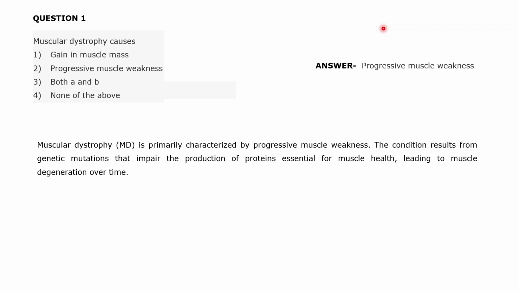That's just an additional point. So in this case, muscular dystrophy causes progressive muscle weakness because of genetic mutations in genes that code for certain proteins involved in muscle development, especially in skeletal muscles. Does anyone have any doubt, or is this clear?